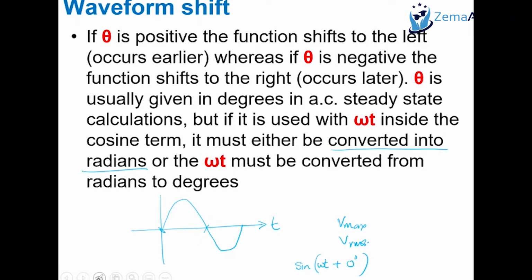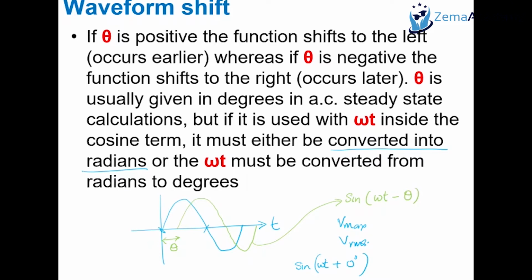If I then use a different color and say this is shifted by a theta, now this is shifted to the right. If theta is negative, the function shifts to the right. So this angle is usually represented as omega t minus theta. So this one, sine omega t minus theta.